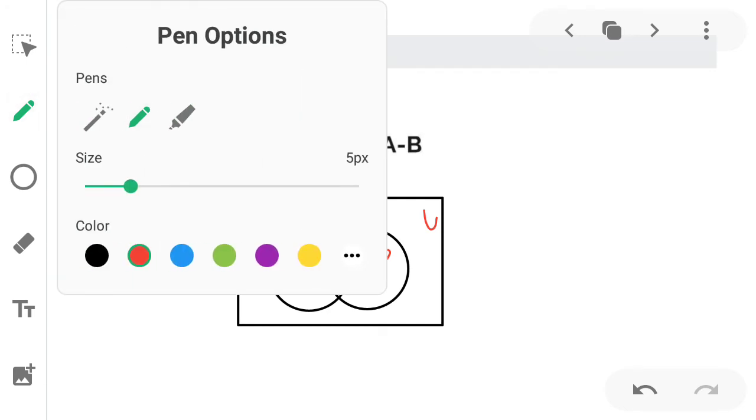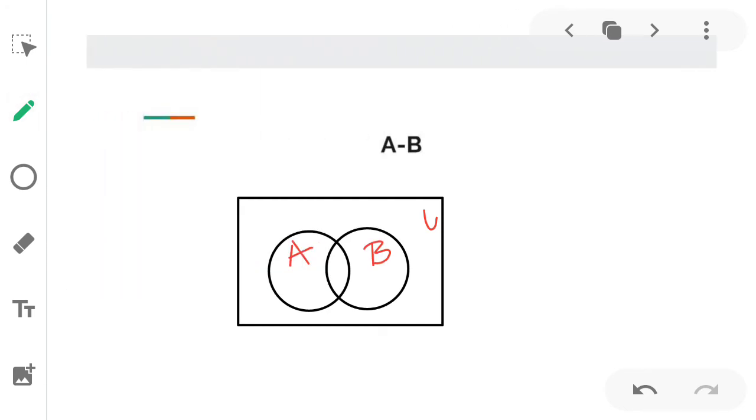Here the only task is to highlight the area. What is the meaning of A minus B? The meaning of A minus B is elements of A which are not part of B. I will repeat it again: elements of A which are not part of B. Here this area will represent common elements between A and B, so I will not highlight that area.